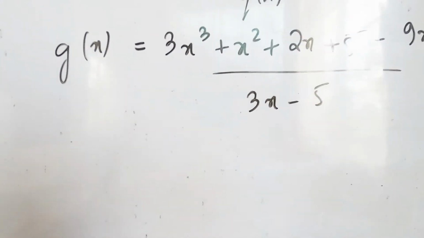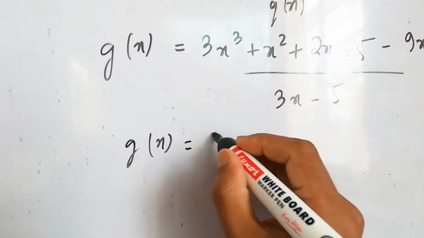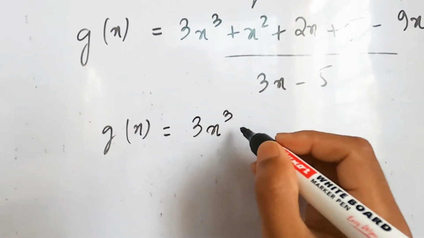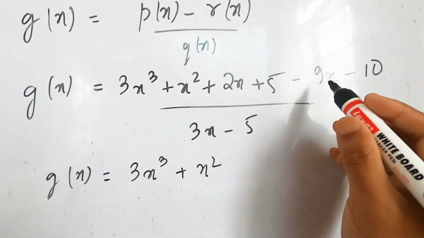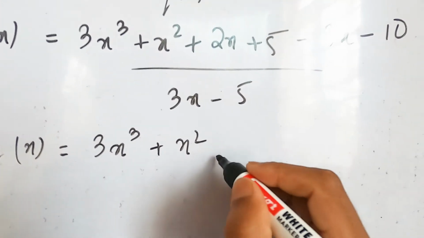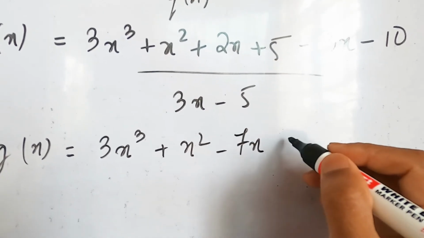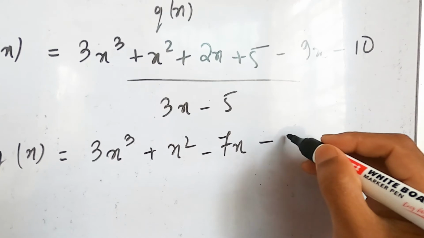All right, so in this case what's left? It will be 3x cubed plus x square, plus 2x minus 9x will be minus 7x, minus 5 minus 10 will be minus 15.